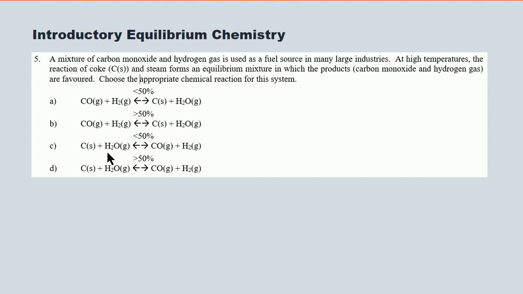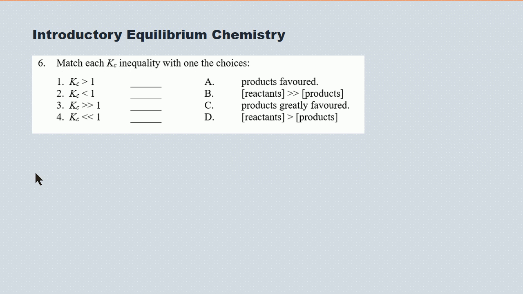C and D are both coke with steam, and it says the products are favored. So the reaction proceeds greater than 50%, and that corresponds to D. This fish mouth here pointing in this direction says that the reaction proceeds greater than 50%. Answer is D.